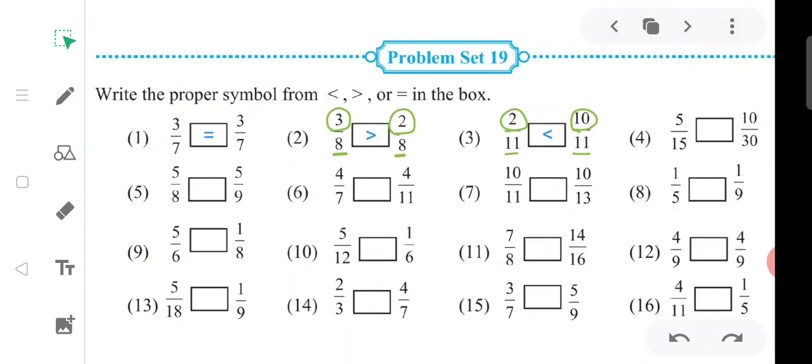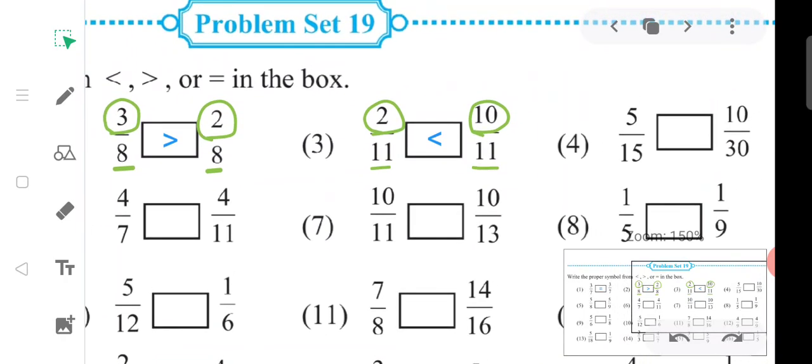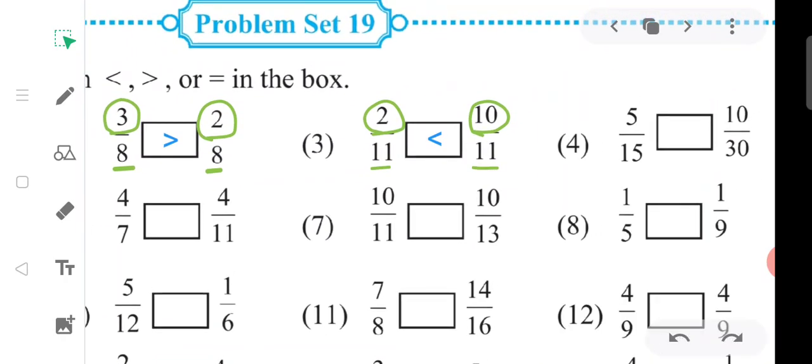Now see the next one. The next one is 5 upon 15 and 10 upon 30. See, in the denominators we have 15 and 30, and 30 is a multiple of 15.